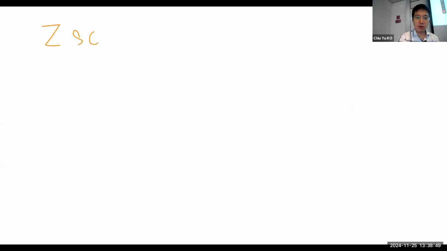Z-score and Z-stat. Usually when we say Z-score, it doesn't have to be normal. What we mean is you just normalize the data to mean 0 and standard deviation 1.